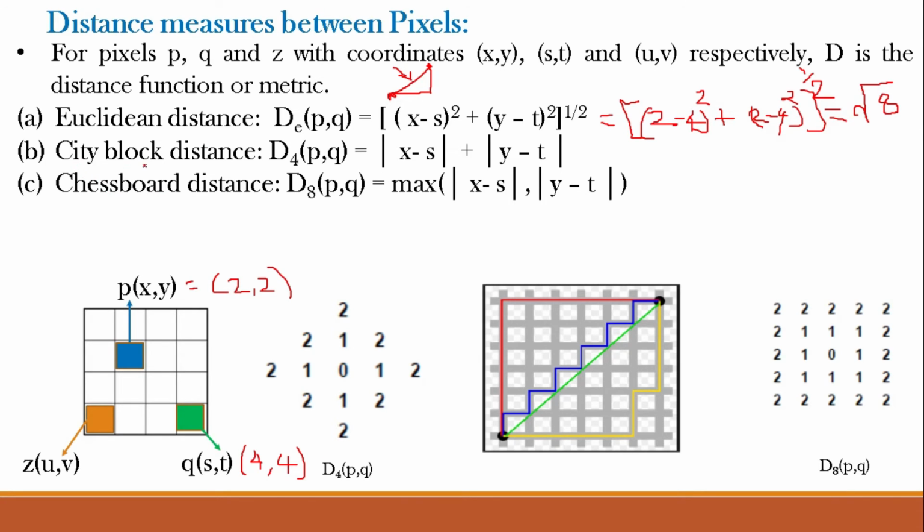Now let us calculate the city block distance, which is denoted by d4 of p comma q. Remember, this city block distance is denoted by d4 of p comma q. Why is it known as city block distance? It is called city block distance because it is calculated as if on each pixel between your two coordinates stood a block or house which you have to go around.